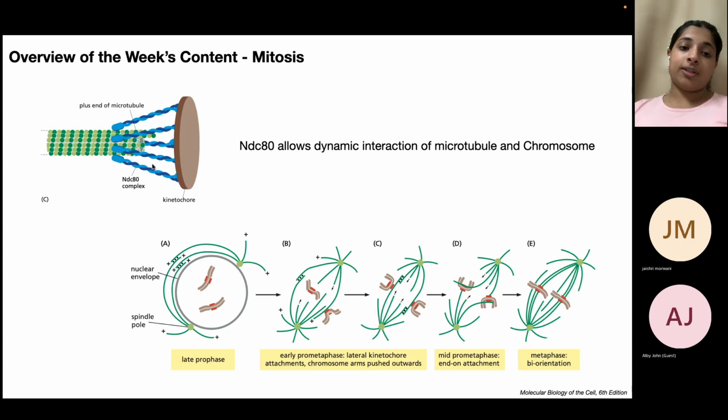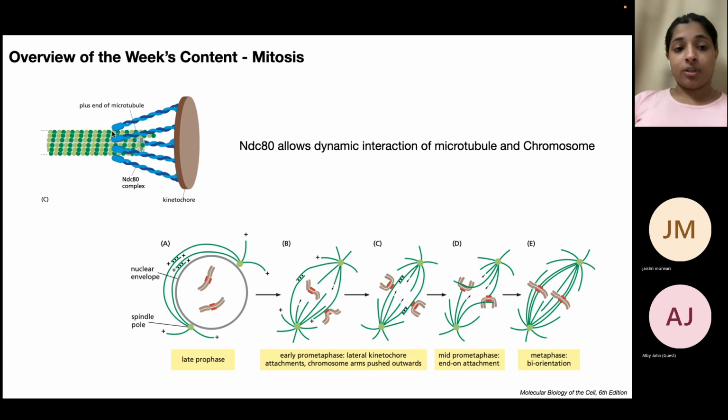But what is important here is that it does not directly interact with the end of the microtubule. It has this lateral orientation, which means that if this is the end of the microtubule, it attaches somewhere on the inside of it.